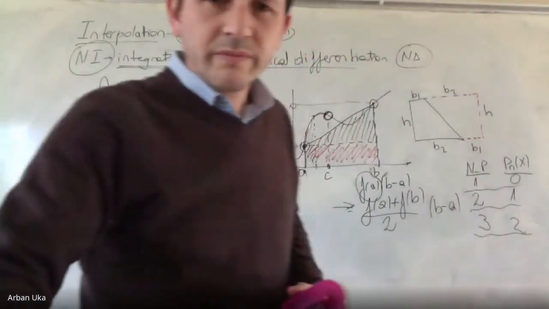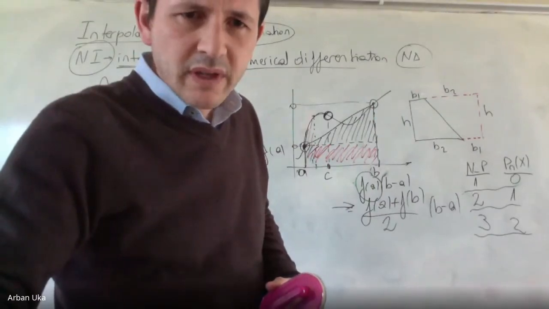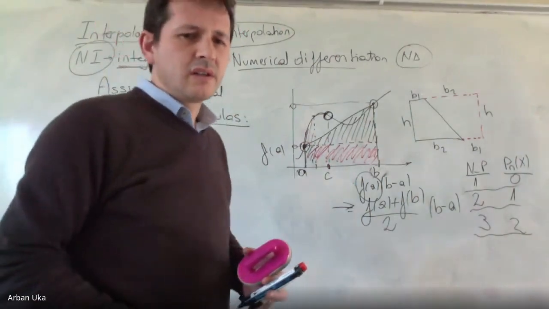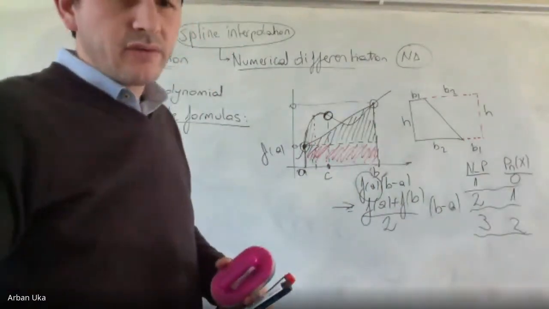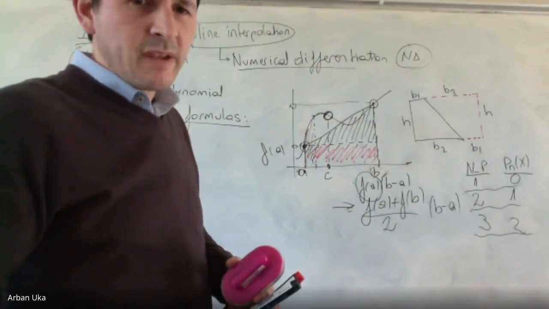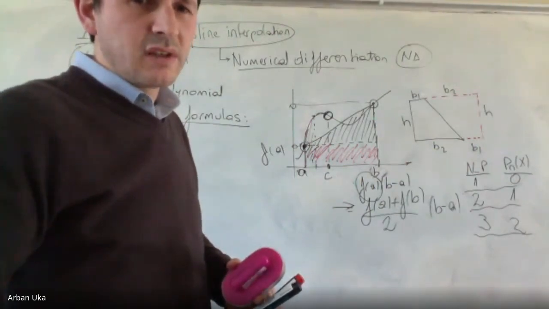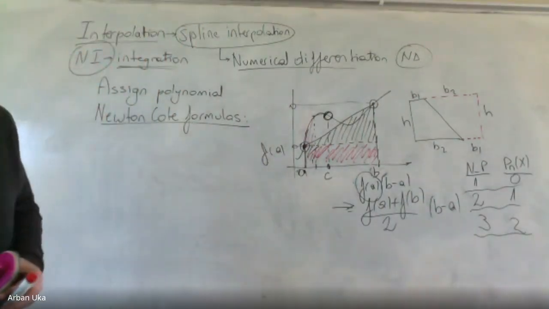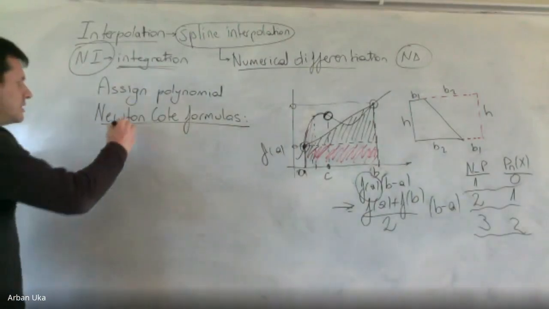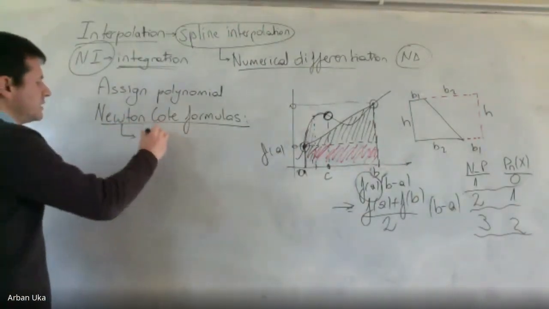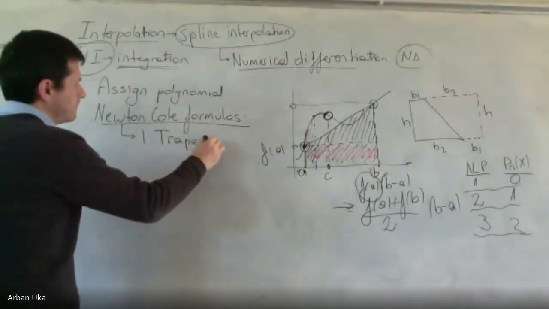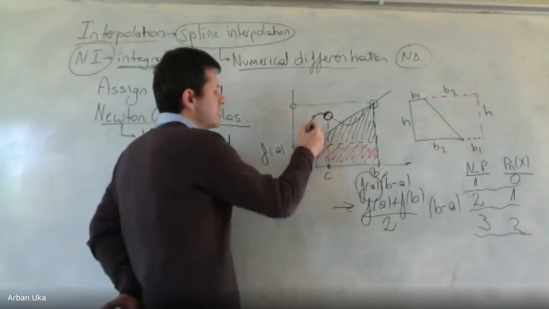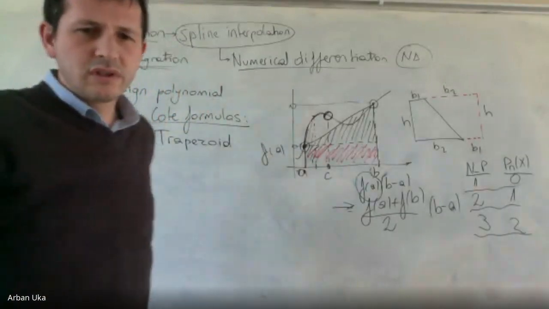Then we are going to separate the interval into 3, 4, 5, or 6 different intervals. But what is special is that all of these intervals will be equally spaced. The first technique we are going to see is the trapezoid technique, which somehow we did here, because we approximated this function that goes like this to a trapezoid.